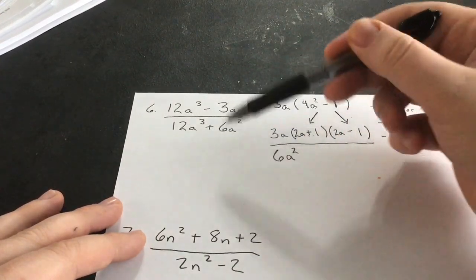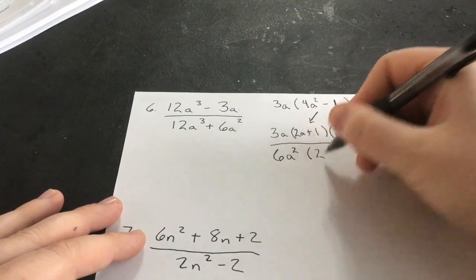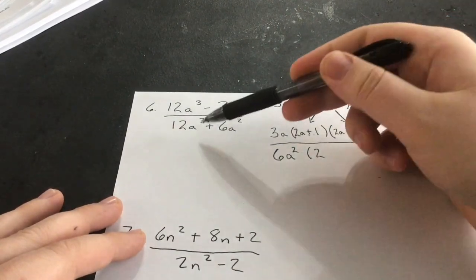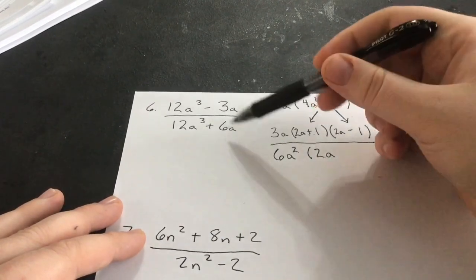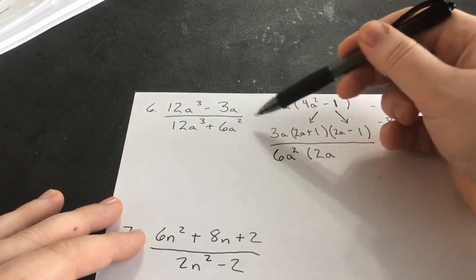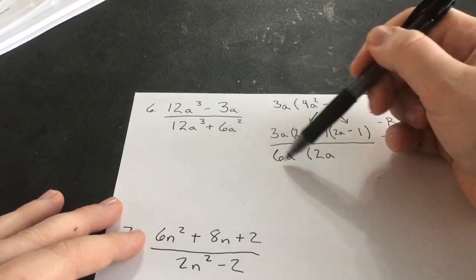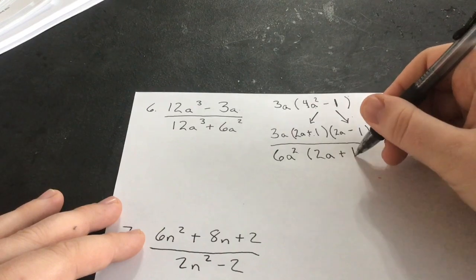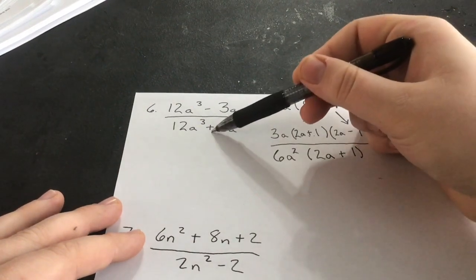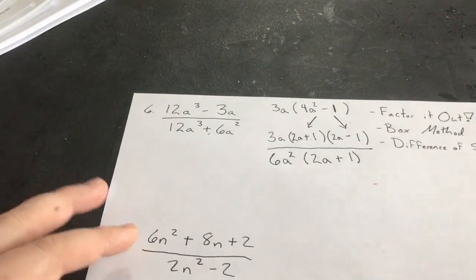When you divide 6 out of 12, we get 2 left over. When you take a squared out of a to the third, we have a single a remaining. And then just like before, we're dividing out 6a squared by 6a squared, like we're dividing out the same term. So what we get left over is a 1, but this time it's positive because it was adding initially. It was a positive 6a initially.